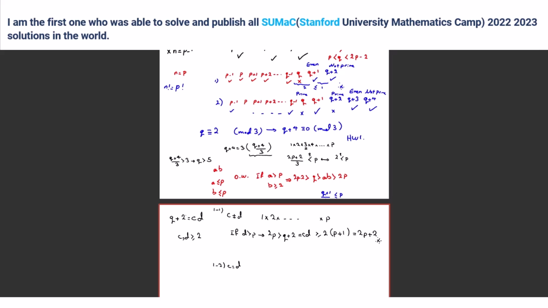So if we can write Q plus 2 as a product of two numbers that are not equal and greater than or equal to 2, we proved it, right? Otherwise, it means Q plus 2 has what form? If we cannot write it as CD, where C and D are not equal and greater than 1, Q plus 2 has what form?